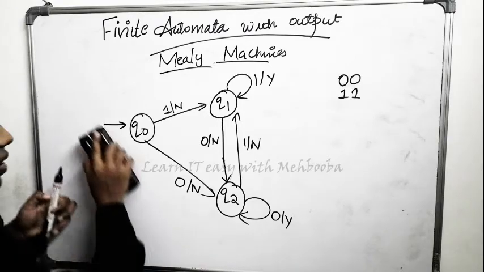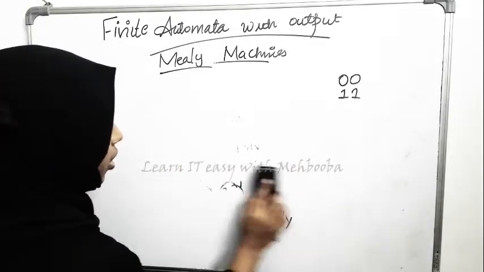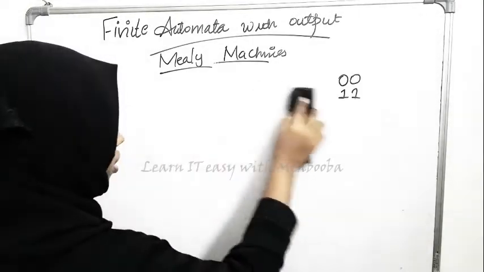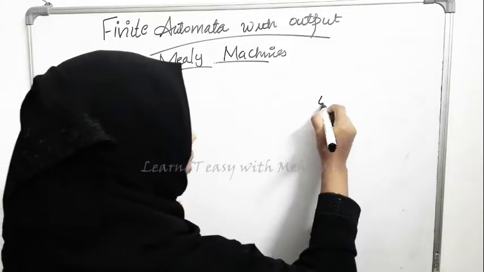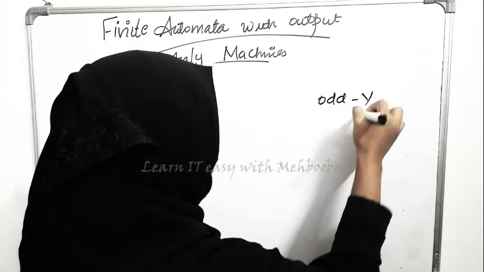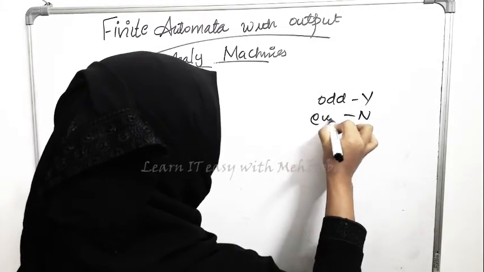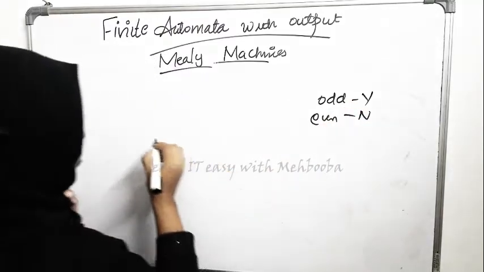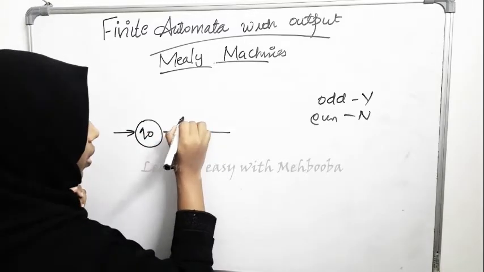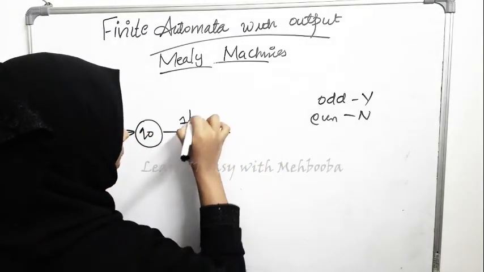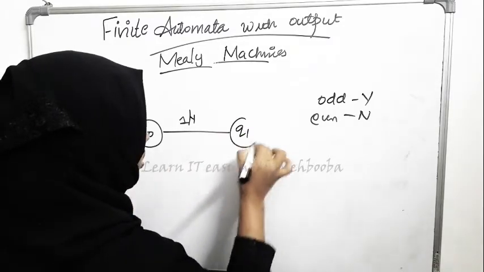Now we will see one more example for a Mealy machine. That is the Mealy machine which outputs yes when the number of ones is odd, and outputs no when the number of ones is even. Okay, so q0. Now if 1 comes, that is a yes, because 1 is an odd number, so you will go to this state.